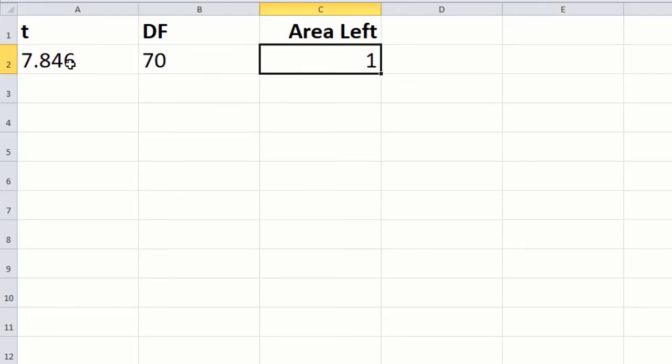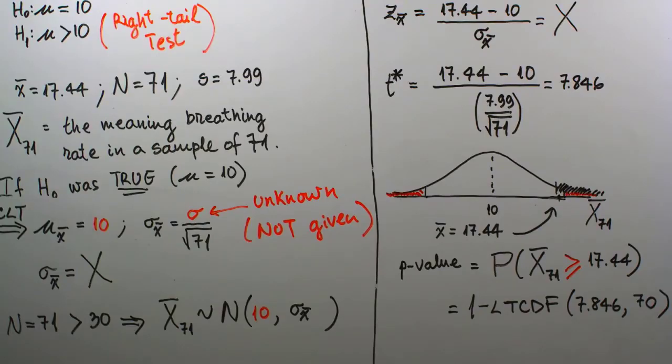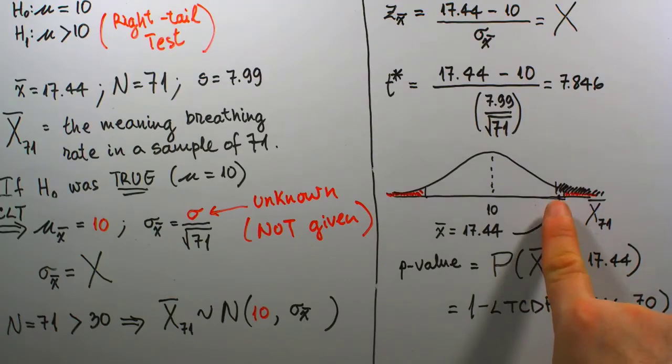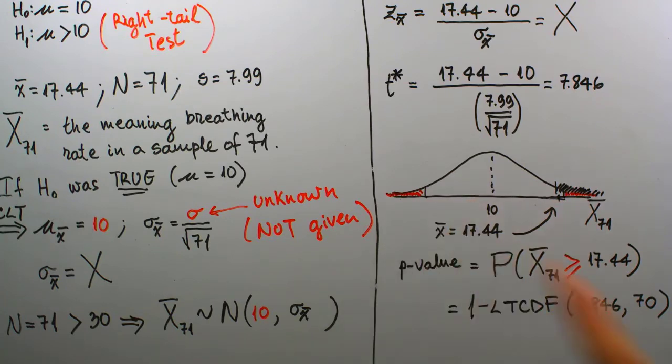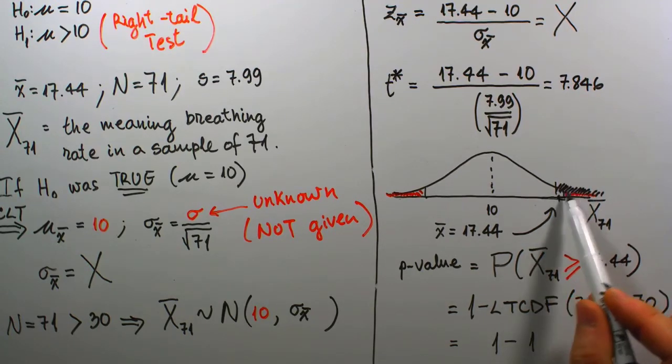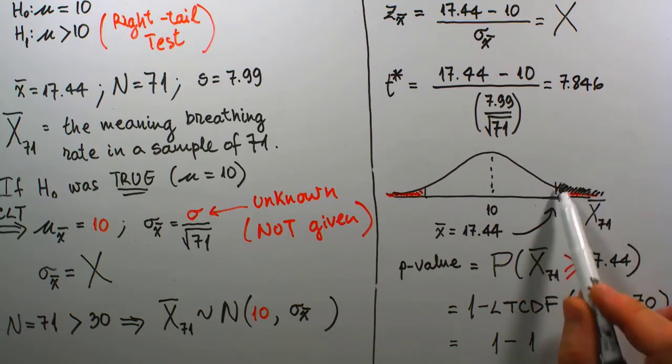And our left area, the area shaded to the left of our sample, is supposedly, according to what you have seen on the screen, big enough or close enough to 1. But we now need to subtract this left area from 1 to obtain our designated area shaded to the right-hand side of our sample.